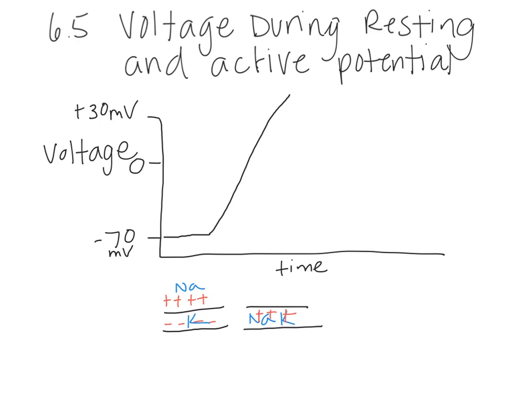Once all the sodium has diffused in, that's going to cause our potassium ion channels to open. So our sodium is still on the inside, but now these potassium ions are going to diffuse outside. That's going to bring our voltage in our cell back down. So negative again. So we're going to come back down here.